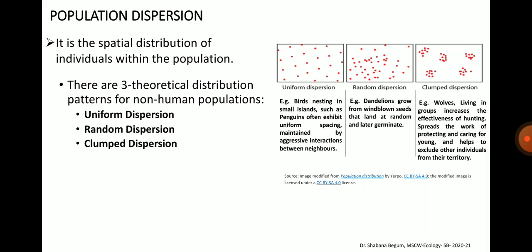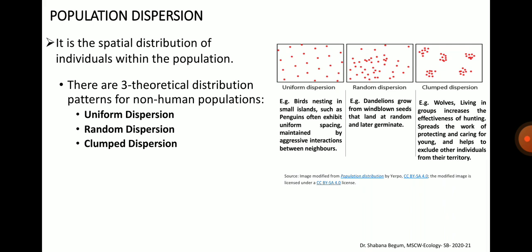Animals with territorial behavior also tend towards this type of regular dispersion. The example is depicted in the first figure. Birds nesting on small islands, such as penguins, often exhibit uniform spacing maintained by aggressive interactions between neighbors.